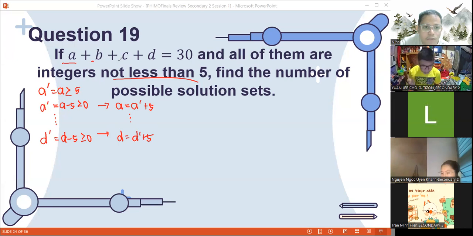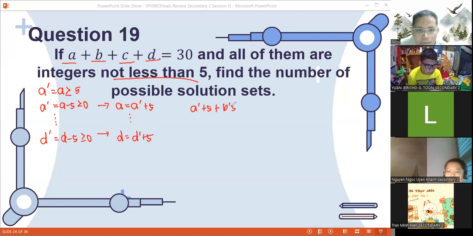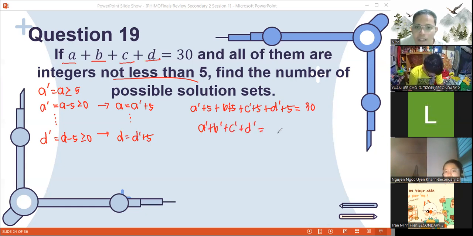So we need to get the new value of A plus B plus C plus D. So we have A prime plus 5, B prime plus 5, C prime plus 5, and D prime plus 5 is equal to 30. So A prime plus B prime plus C prime plus D prime is equal to 10, right? Because it becomes minus 20. Okay? 5, 5, 5, 5.